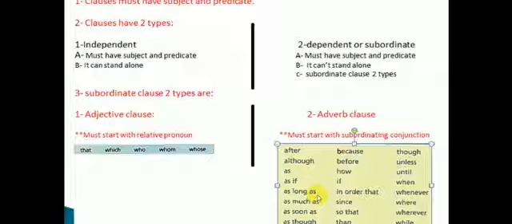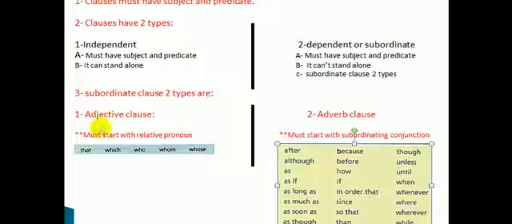And the other one is dependent or subordinate, and it needs another sentence to complete the meaning. Dependent or subordinate clause has two types. One of them is adjective clause, and the other type is adverb clause.